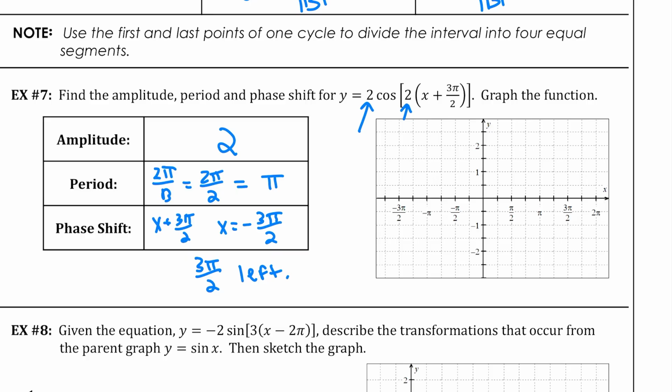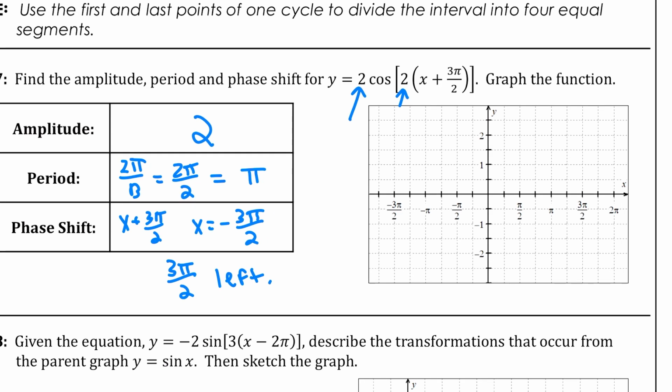So let's see what we are going to do here. We're starting at negative 3 pi over 2. But since it's cosine, we need to start out at a maximum value. So I'm going to do a maximum value at our amplitude. Oh, my bad. I read the scale wrong for a second. This is where our dot should be. Watch out for the scale.